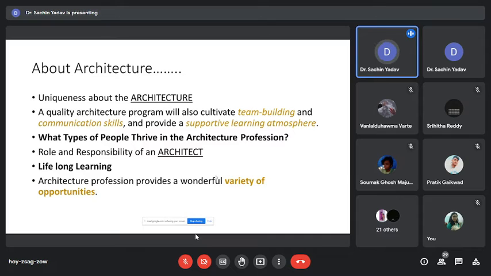Like that. And after this course you can do n numbers of things. You can do your post graduation in subjects like planning, regional planning, town planning, environmental planning, and after that you can do urban design also. Planning is the bigger scale.